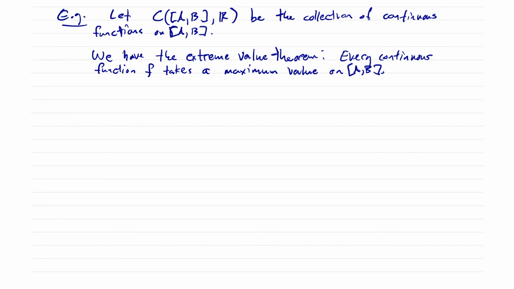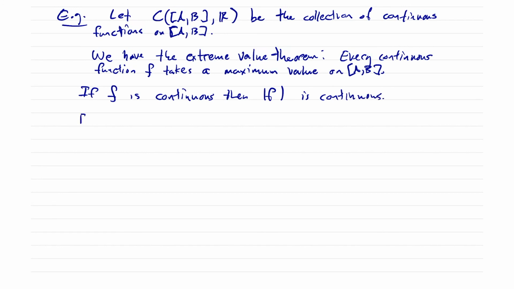And so then we also know that the absolute value of a continuous function is continuous. So if f is continuous, then we know that the absolute value of f is continuous.